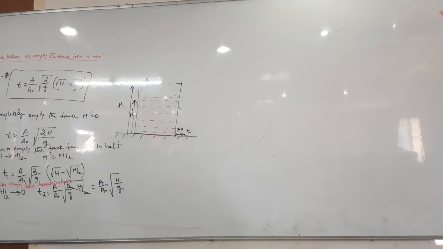How much? h by g? Root 2 minus 1, yes, that's correct. Root 2 minus 1 divided by how much you got? 1. Root 2 minus 1 is the correct answer. Find out the ratio, h to h by 2 and then h by 2 to 0.